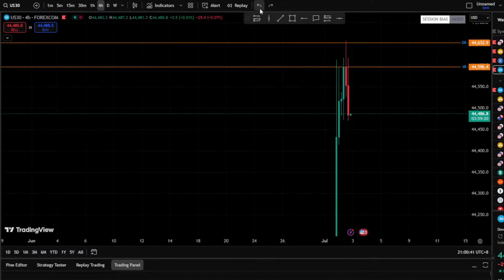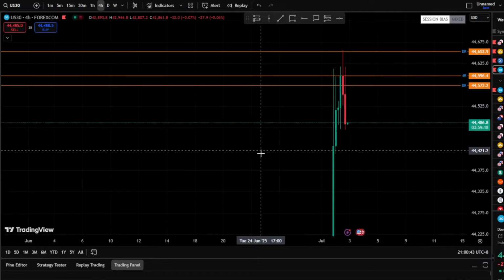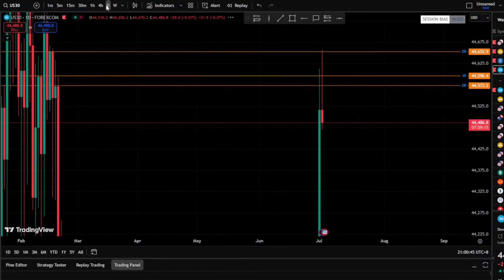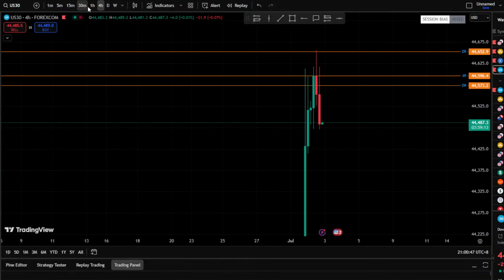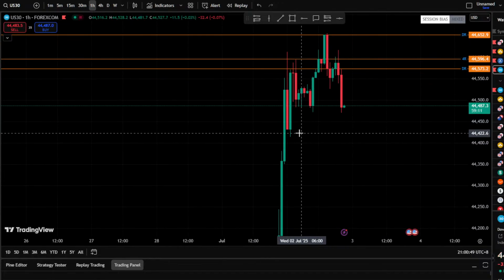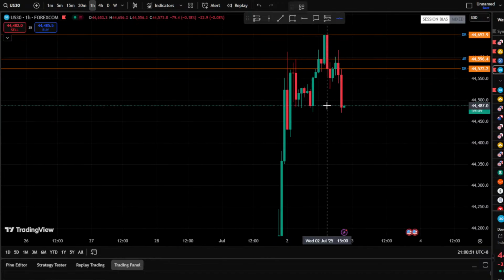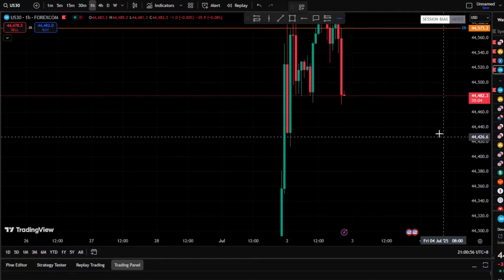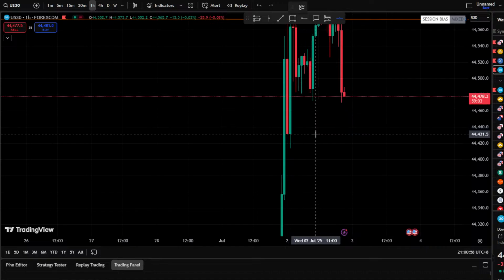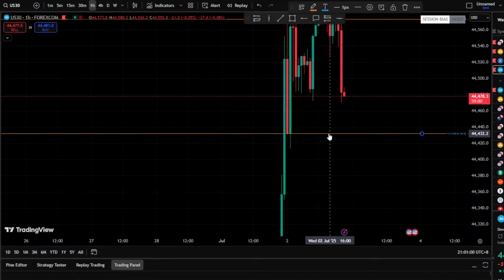Nah, wait, let me just. Okay, for each bearish, bullish. So now we are looking for 1 hour support. We are right at it now. Did it close below? Yeah, it closed below 1 hour support.